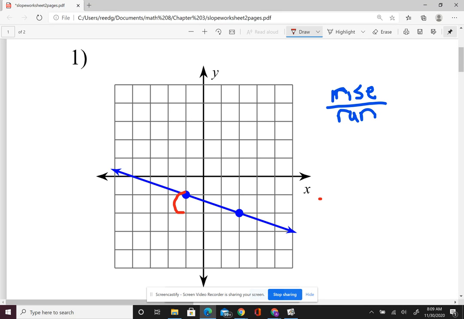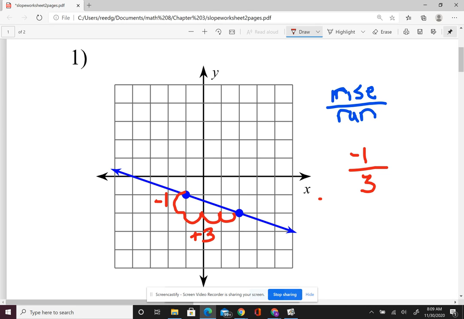Always start with the left-hand point. And so we went down 1 unit and over 3 units. We went to the right, so it's positive. So our rise is -1 and our run is 3.